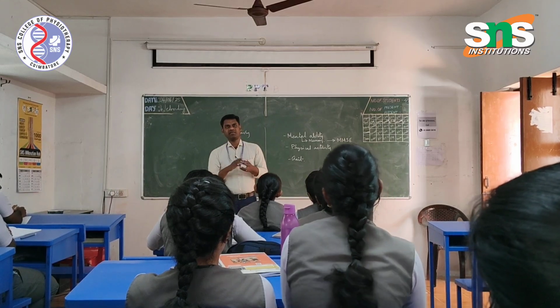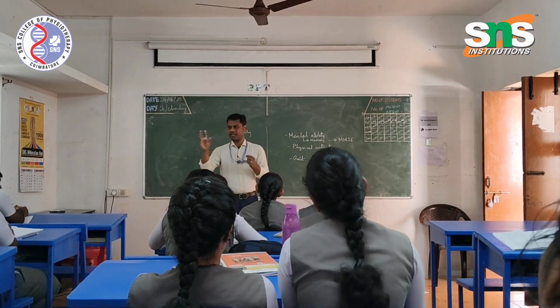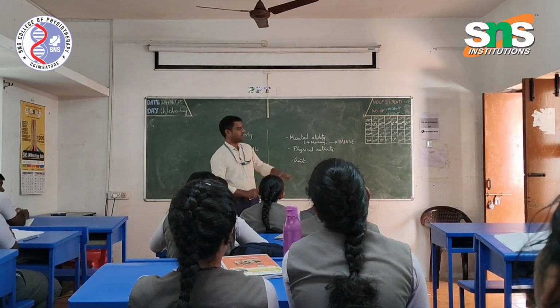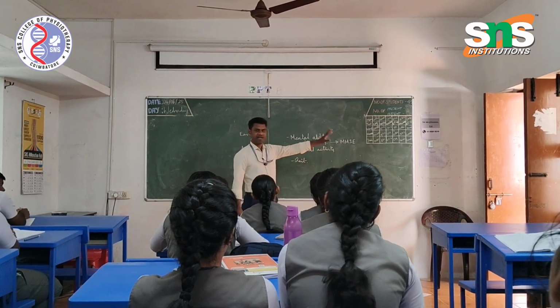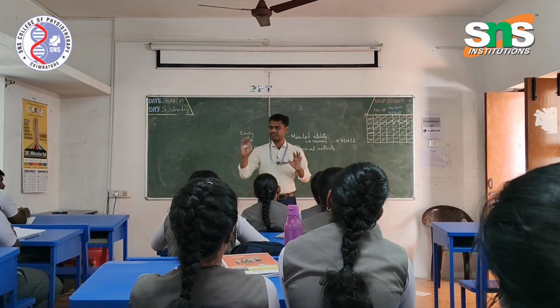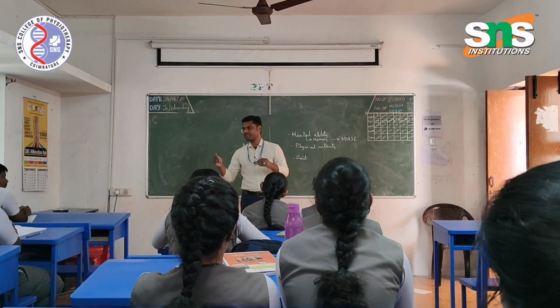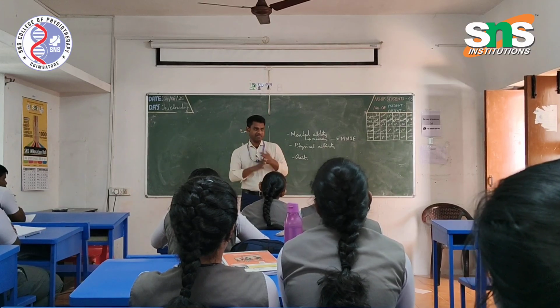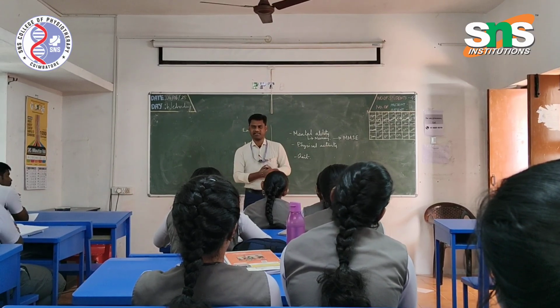So, timing attitude, like small things, time, about place, some things will be there. All these things will be there, and we'll be asking the question, they will be giving the answer, and we will be marking. From that we will analyze how far the mental ability is there. What about their memory, how long they can remember, like that you can understand certain things.